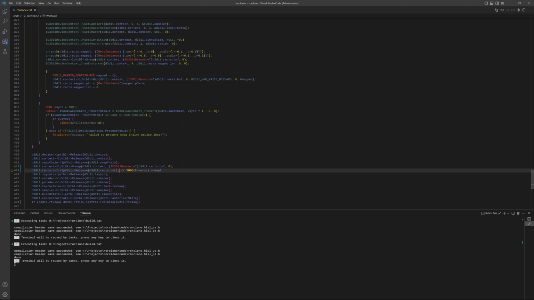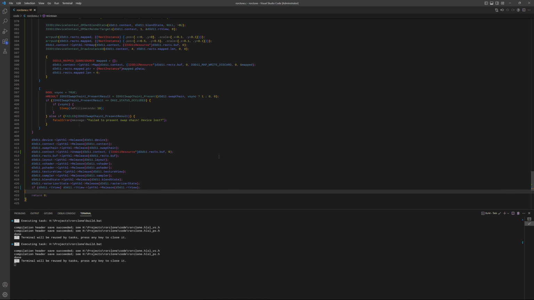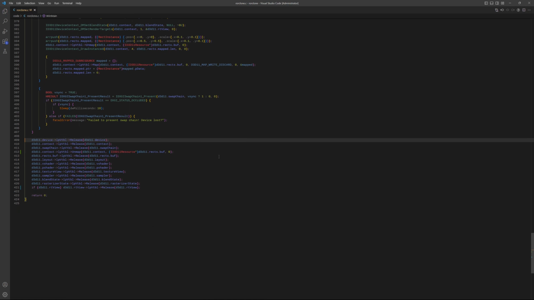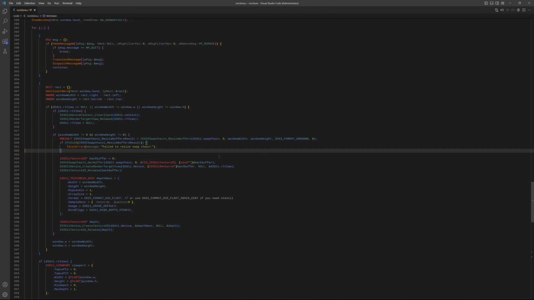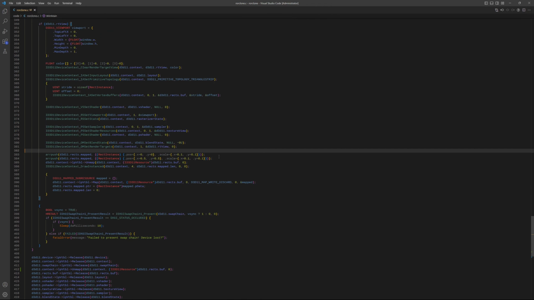Let's just unmap it, just in case, who knows with the graphics drivers. Alright, so that's clean up. Now, let's actually do something with the rectangles.